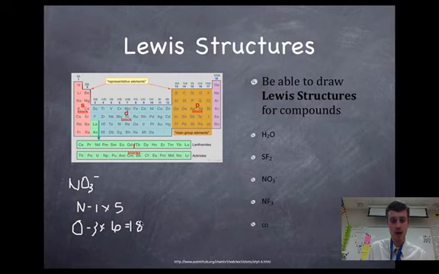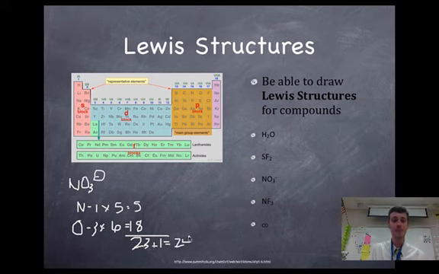That's 5. I add that together and I get 23. And then I have to remember to add in my electron that I get from having the negative here. So it's +1, and I have 24 electrons to put into my Lewis structure. I'm going to have to make sure I use all of them, remember.